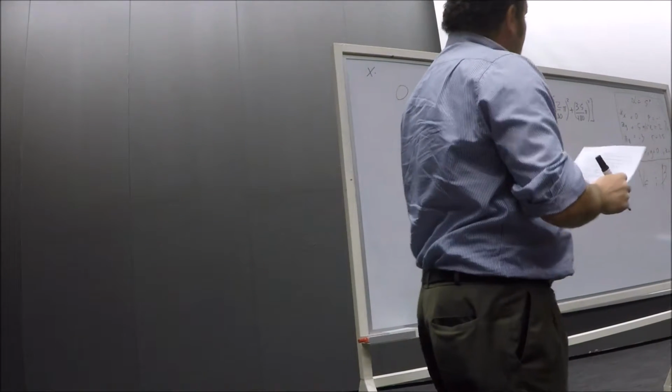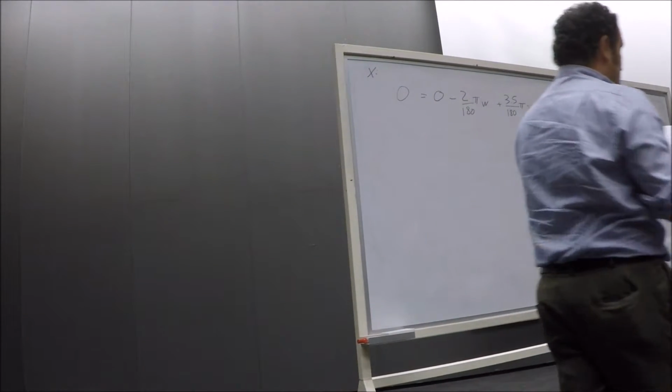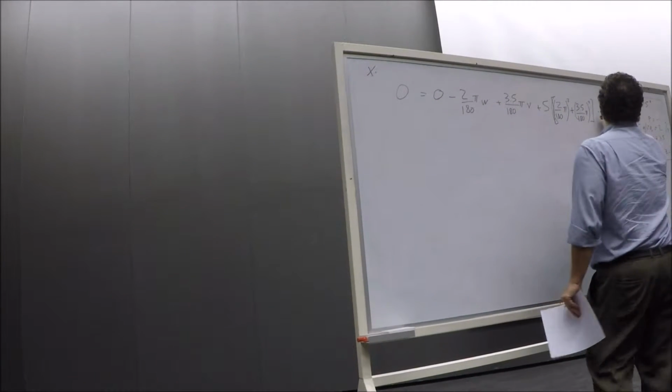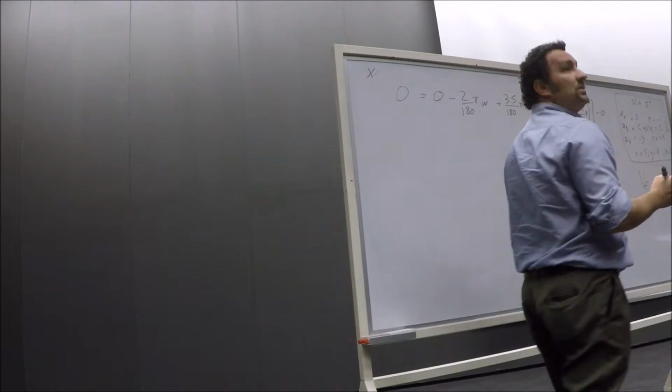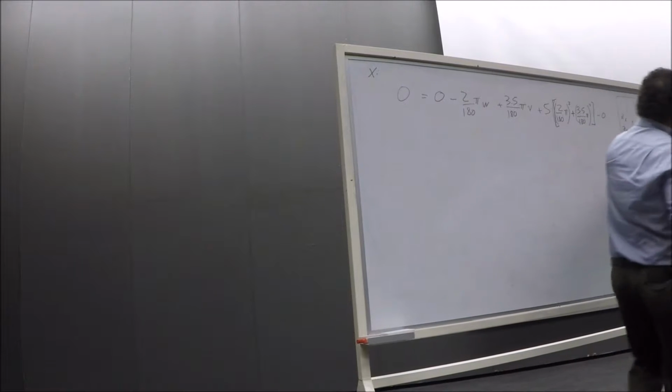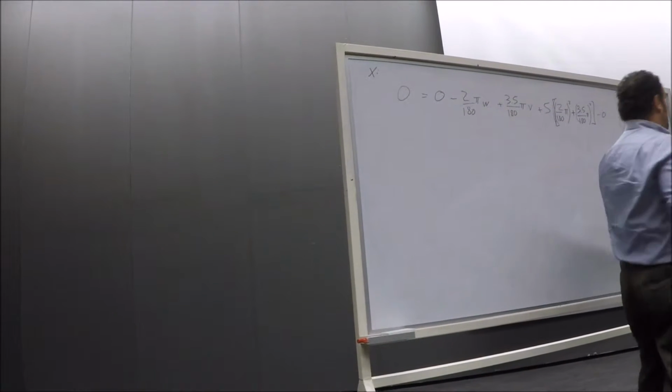Then we have minus y, which is 0 here, multiplied by the two angular velocities.